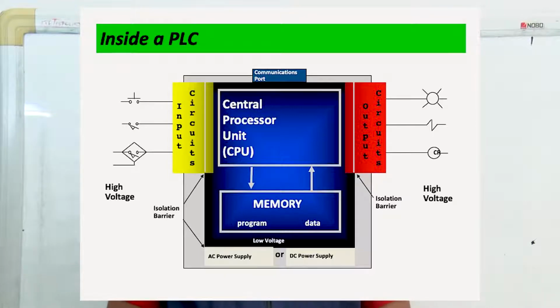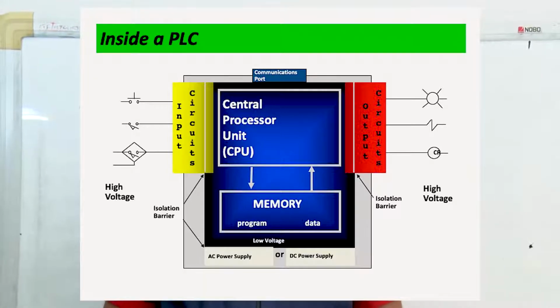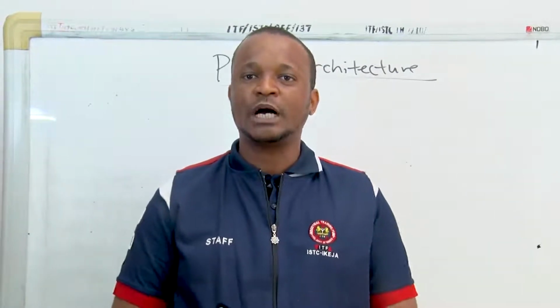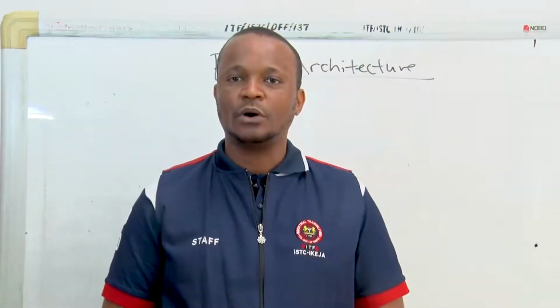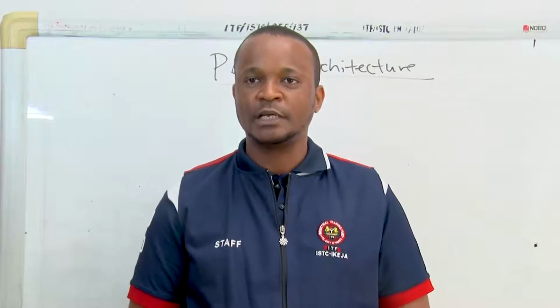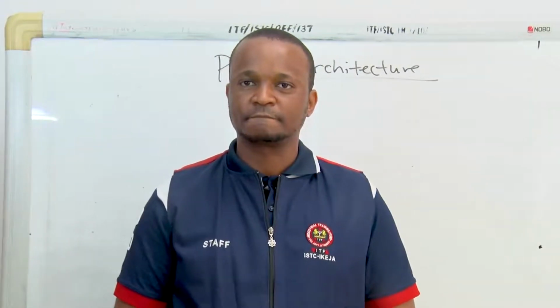It also contains the peripherals like the input and output circuits to the PLC. We also have a communication port for communicating with the outside world. And then we have the AC power supply or the DC power supply to the PLC.